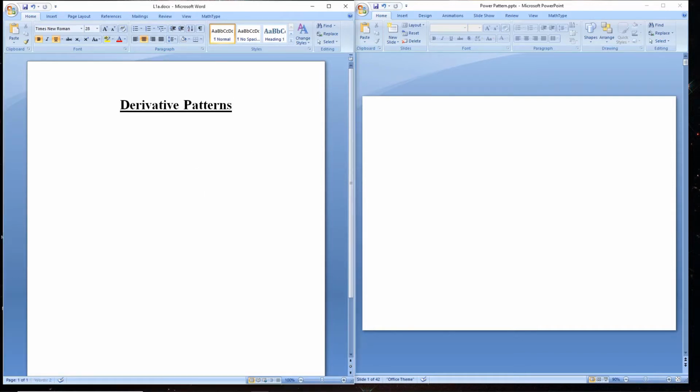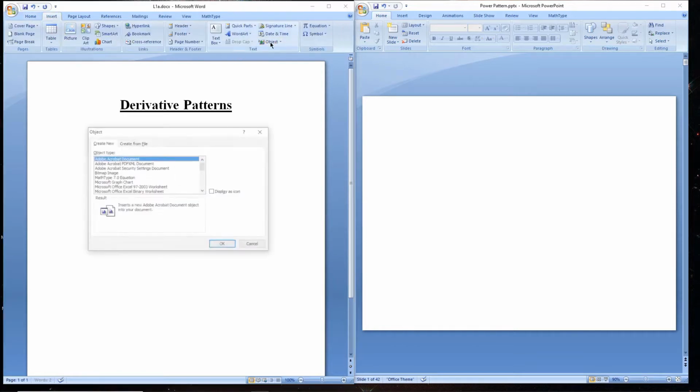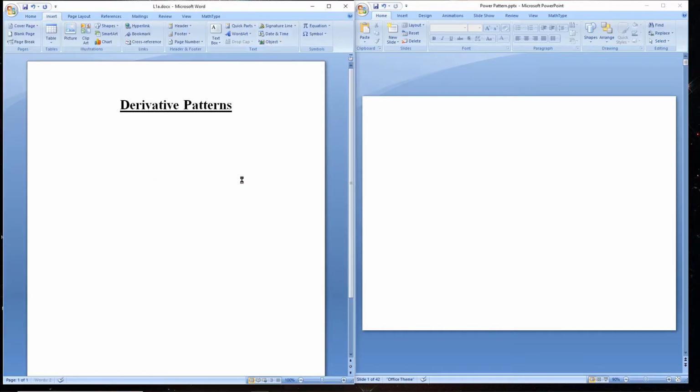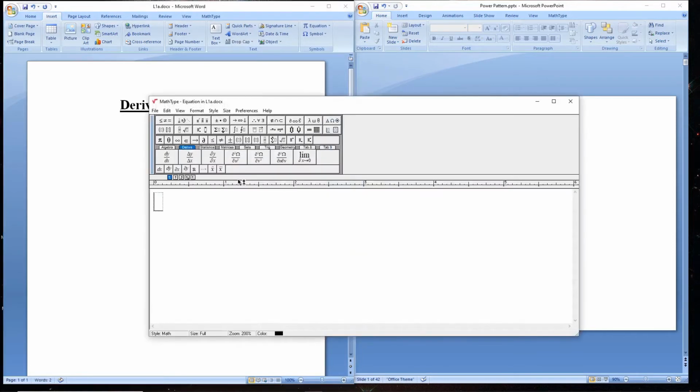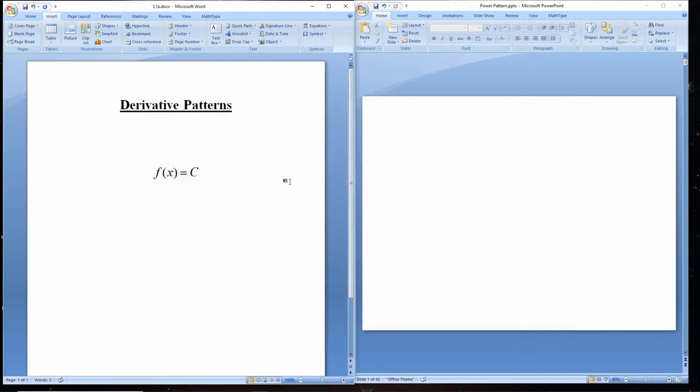And let's start with the only simple example that there is for derivative patterns. And that is a horizontal function. Now, to get our derivative patterns, what we're going to do is just use letters. So this represents every horizontal function.